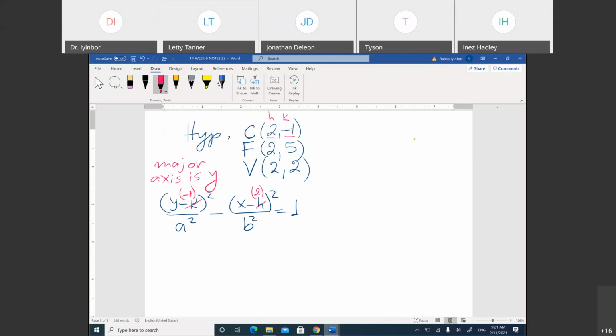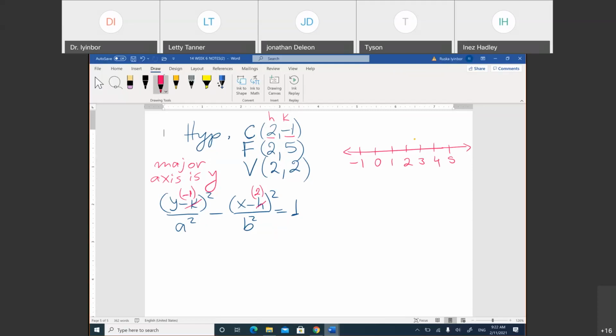Now we need to find a and b. So we need to draw the picture here, right? My center is at -1. And I need to go all the way to 5. -1, 0, 1, 2, 3, 4. Need a little longer, 5.